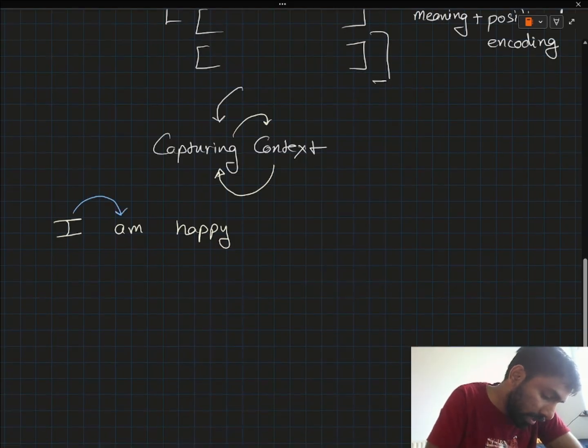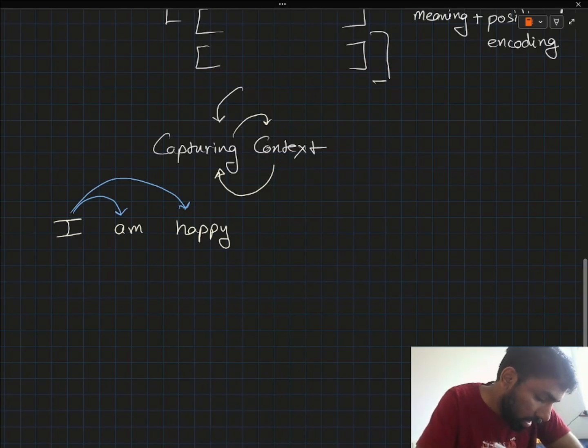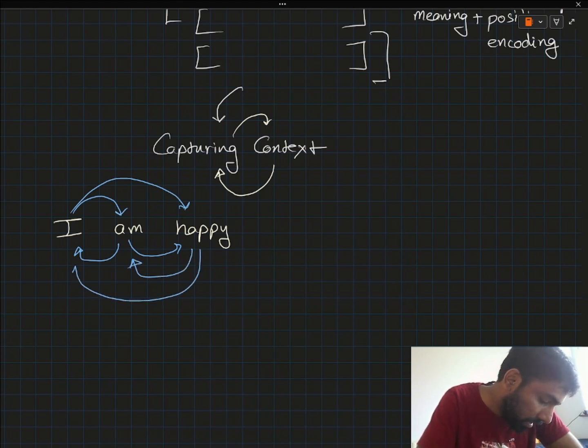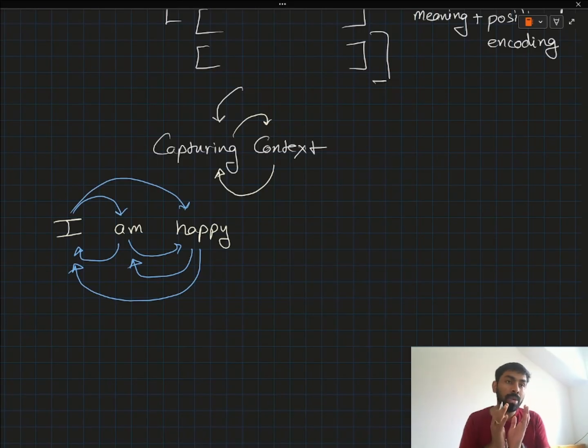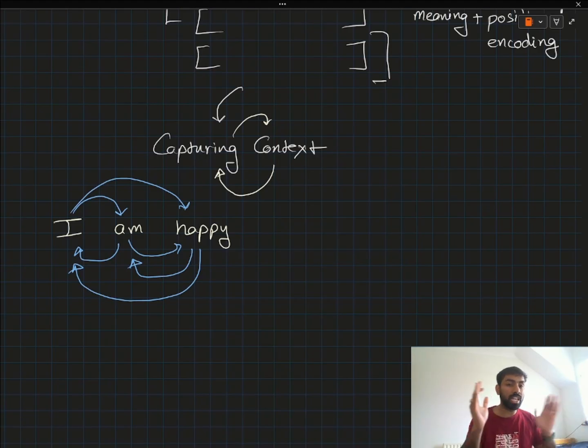I is linked to am, I is linked to happy, am is linked to happy, am is also linked to I, happy is reverse linked to am, happy is reverse linked to I. So I has some impact on am, am has some impact on happy.